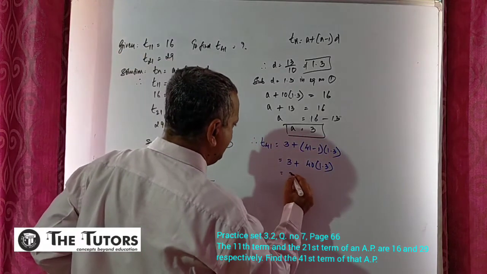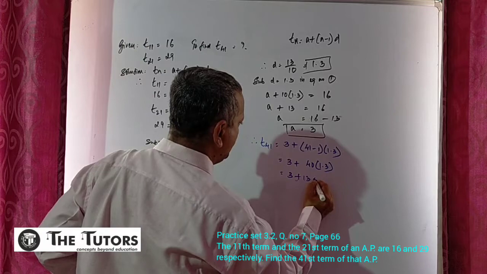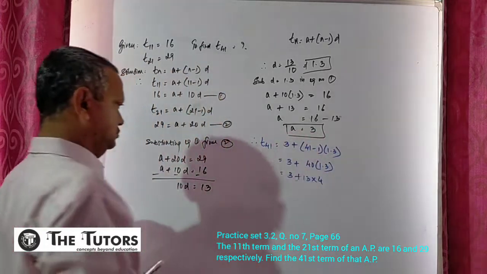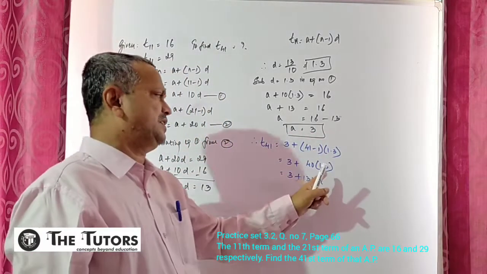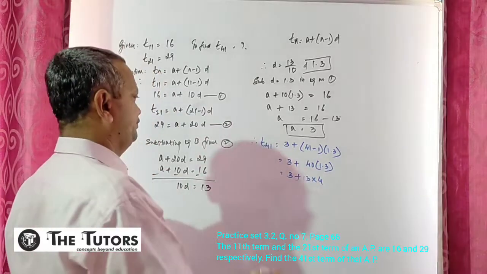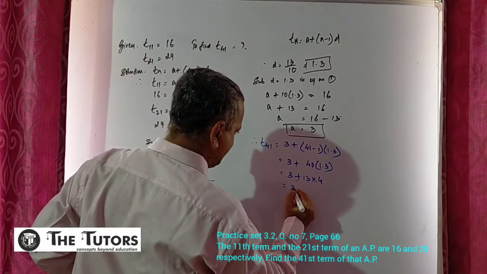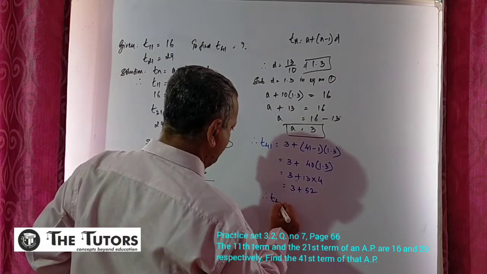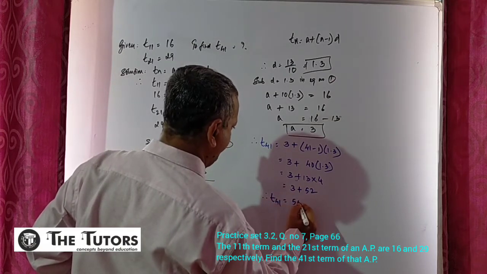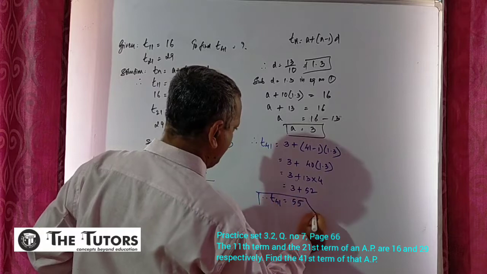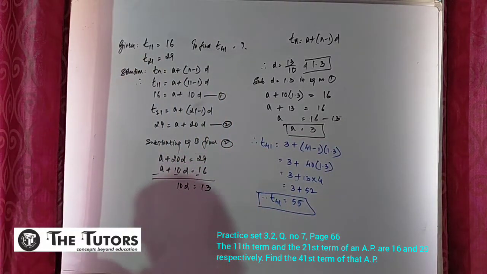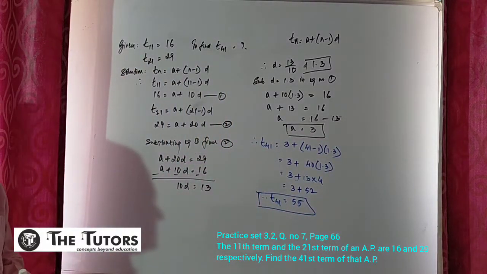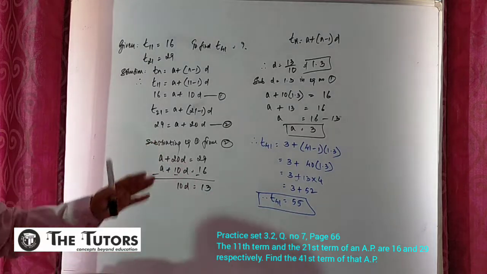This will give you 3 plus 13 into 4, since 1.3 multiplied by 10 becomes 13. This is equal to 3 plus 52. Therefore T41 is equal to 55. Fine. A similar sum is there in your problem set. You can work that out also.